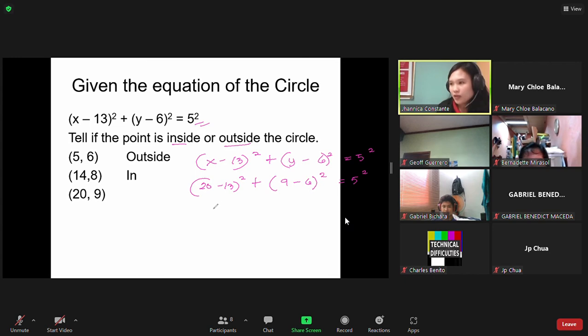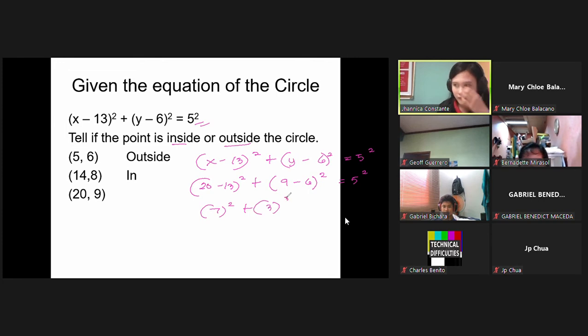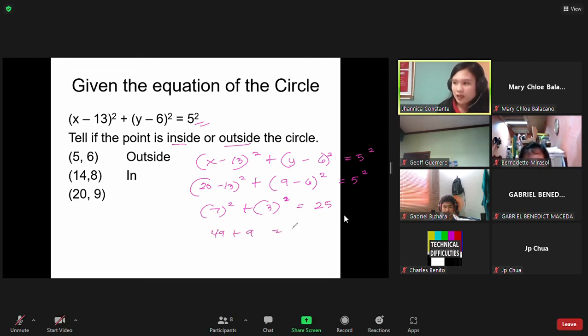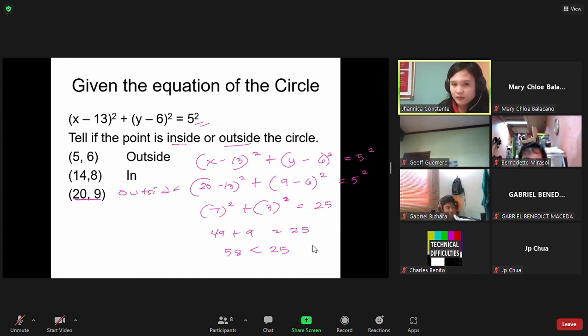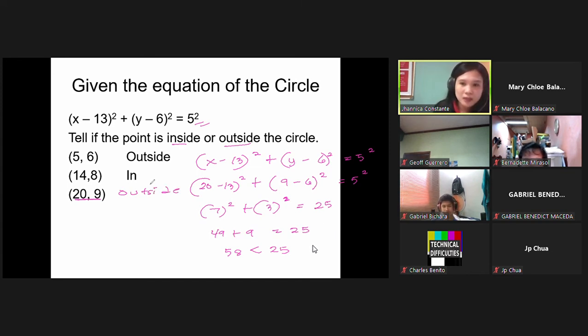So 20 minus 13 is equal to 7 squared plus 3 squared equals 25. So 49 plus 9, which is equal to 58. So 58 is greater than 25. Since it's greater than, that means this point, which has a coordinate of (20, 9), is outside of the circle, since we have a greater than statement.